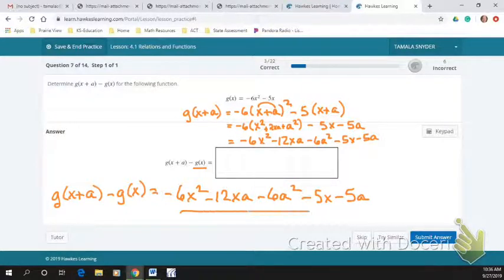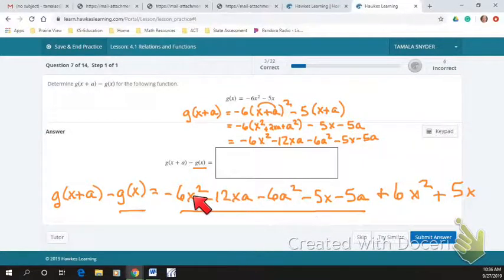That's all of the first part. Now I've got to do the second part. Minus 6x squared minus 5x. So what is the minus in front of the g of x going to do? Switch both of these signs, right? So I'm just going to go ahead and make that plus 6x squared plus 5x.